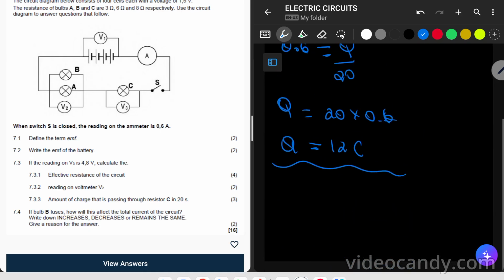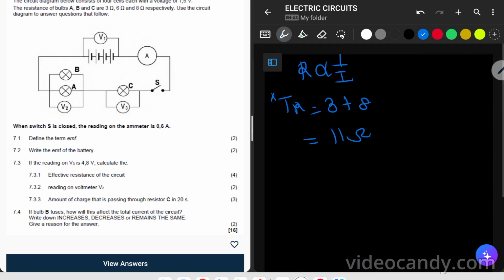And now since you've got 11, that means your resistance has increased. And as your resistance has increased, what will happen to the current? The current will decrease. It will decrease because of the relationship of inverse proportionality. So, as the resistance has increased, the total current will now decrease.